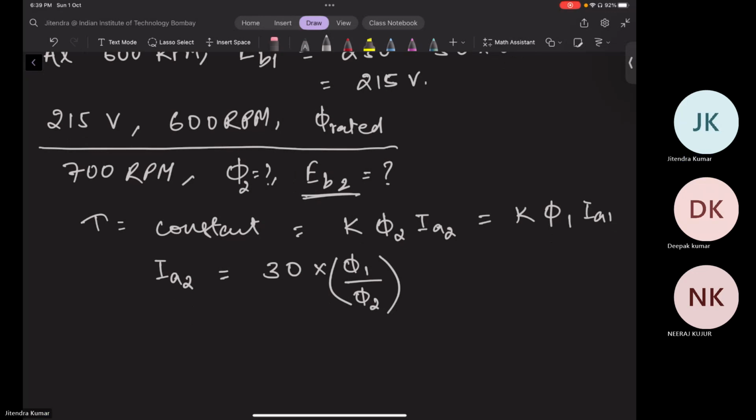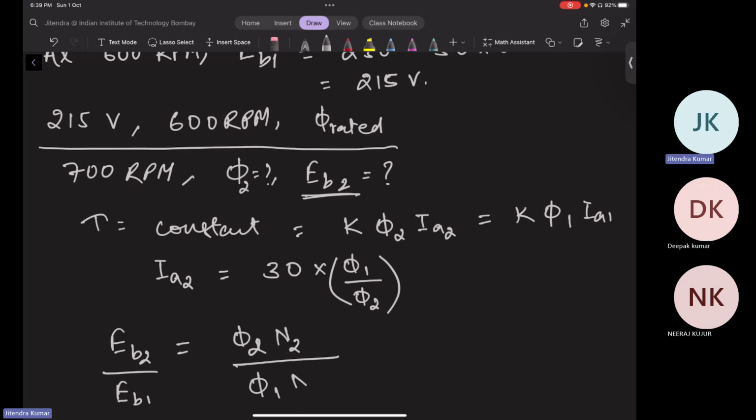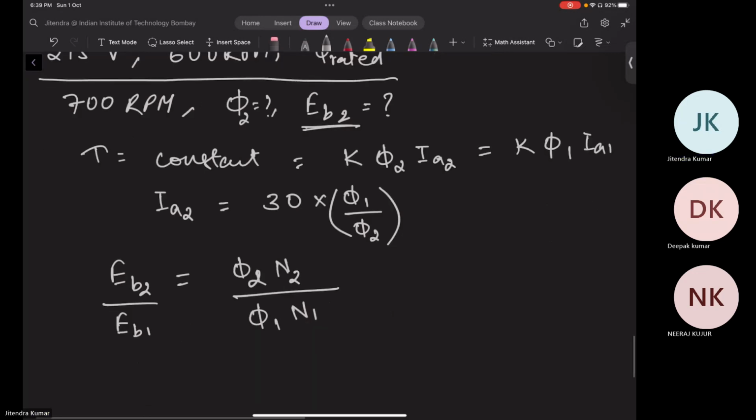And now EB2 also we can say EB2 by EB1 is equal to phi 2 into N2 by phi 1 into N1. So EB2 also we can say is equal to phi 2 by phi 1 into 700 by 600.